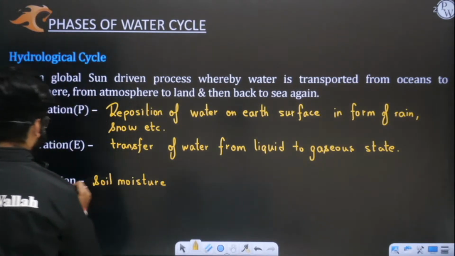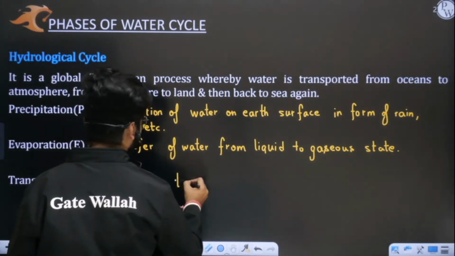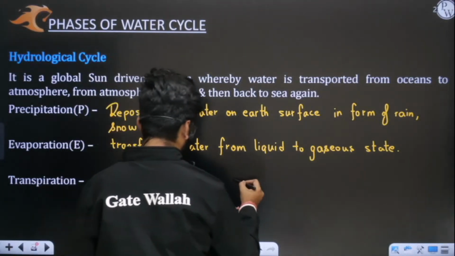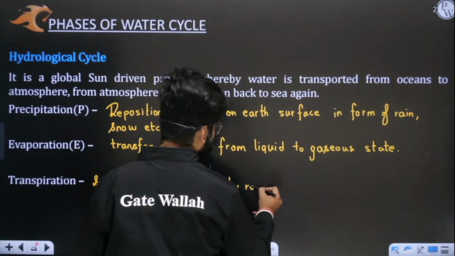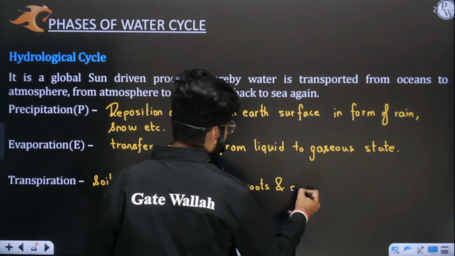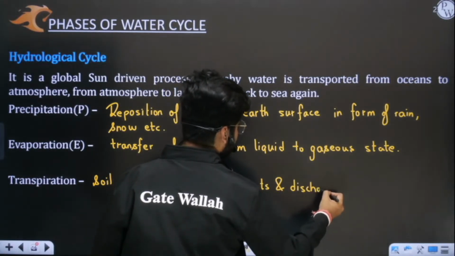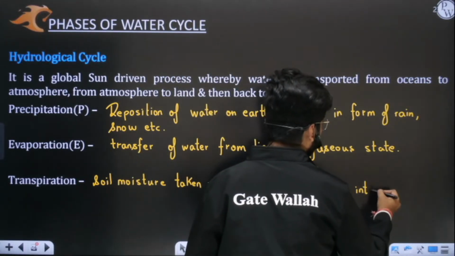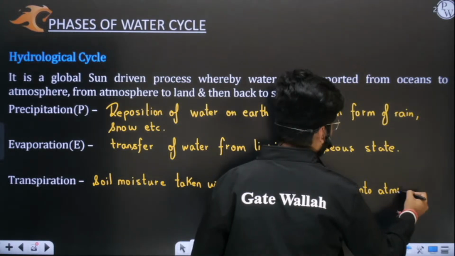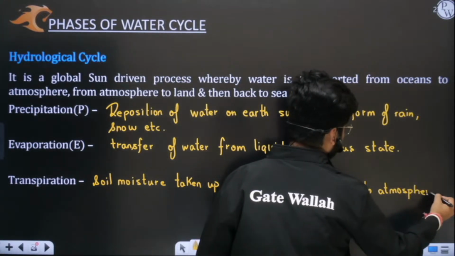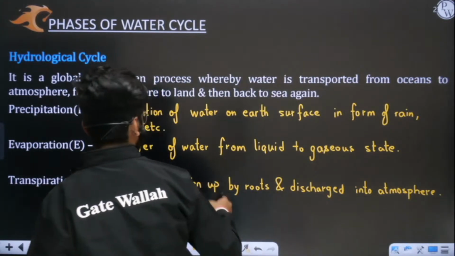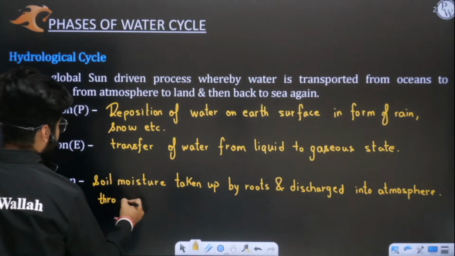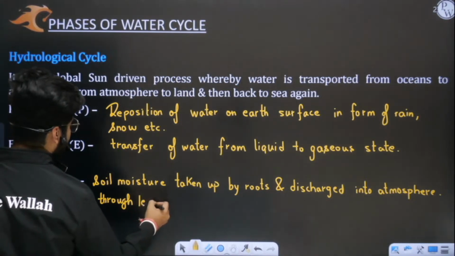Transpiration is nothing but the soil moisture taken up by roots and discharged into atmosphere through leaves of plants and trees.